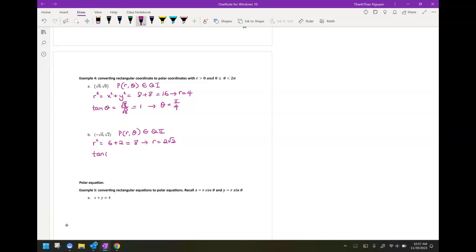So tangent of theta equal to root 2 over negative root 6. That is 1 over negative root 3. This means theta is the angle 5 pi over 6.